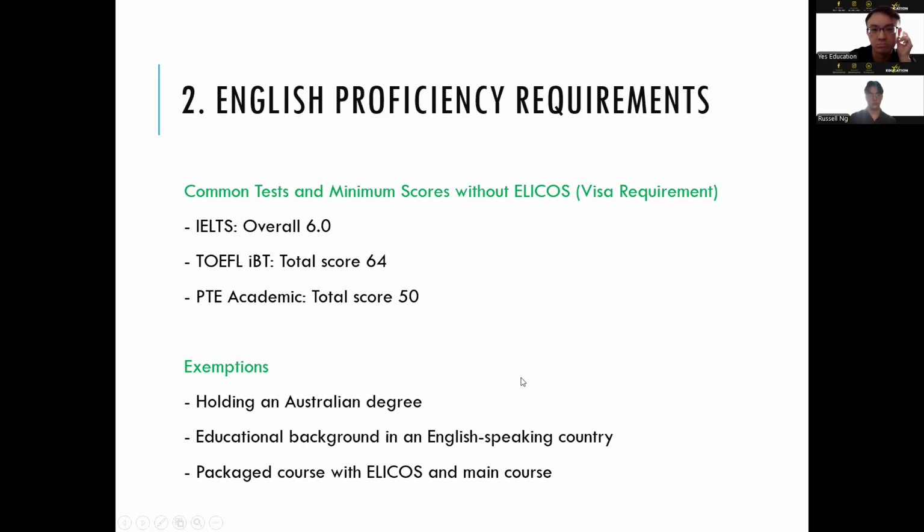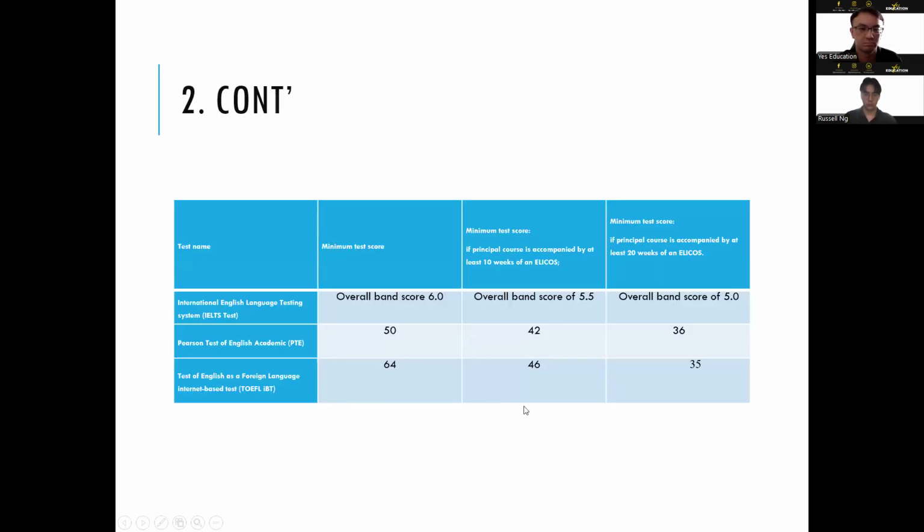And then, or if you have packaged your course with an English course of the correct length. We'll talk about that in the next slide. So generally, theoretically, the lowest IELTS score a student visa application can accept is 5.0.